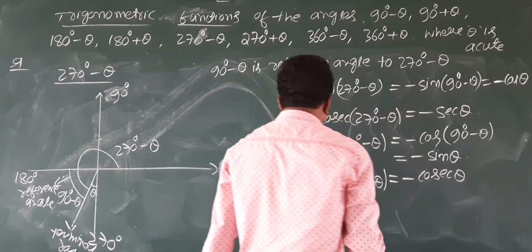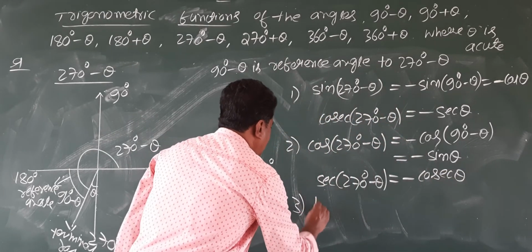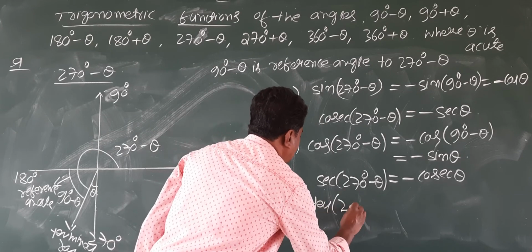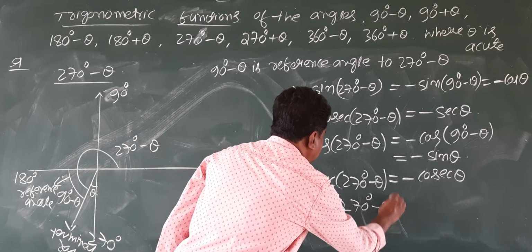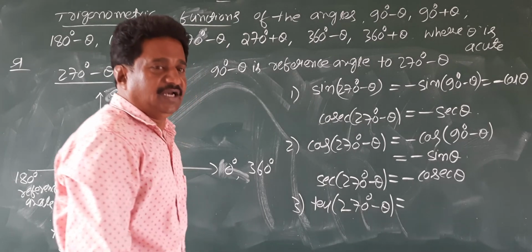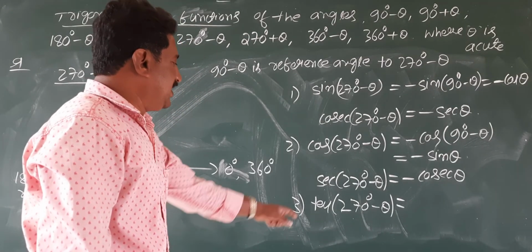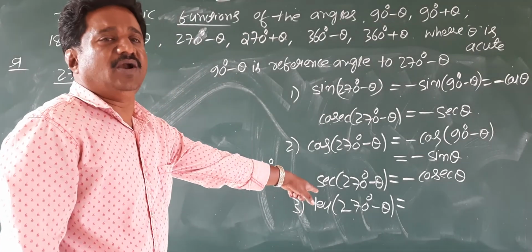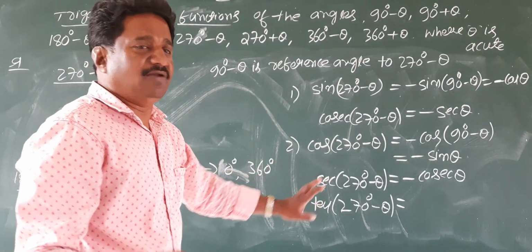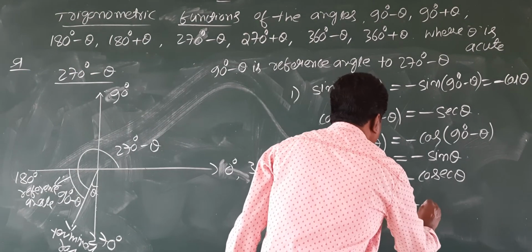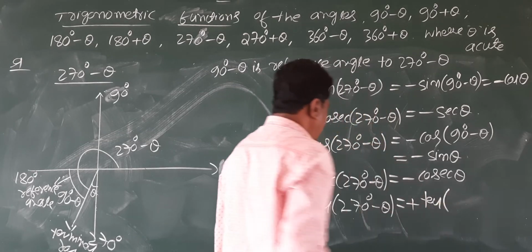Cosecant theta. Lastly, tan 270 degree minus theta. Again third quadrant. In the third quadrant tan must be positive. All tan values are positive. So tan, tell me the reference angle.